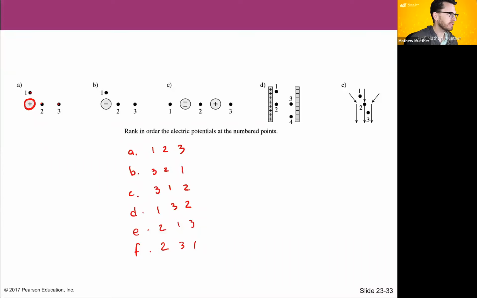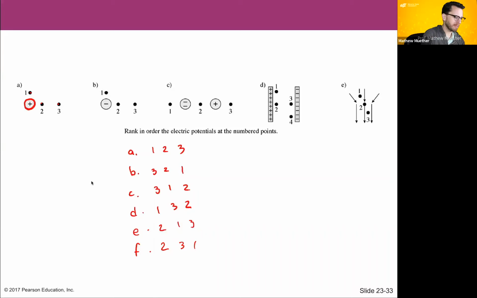How do we rank the electric potentials coming from these guys? Okay, let's go ahead and end the poll.